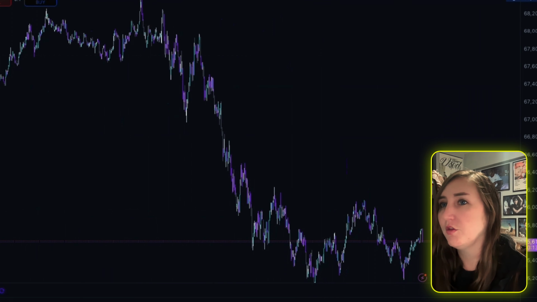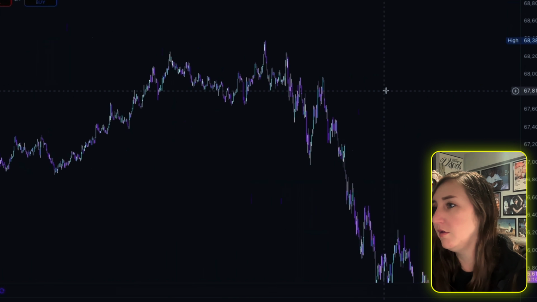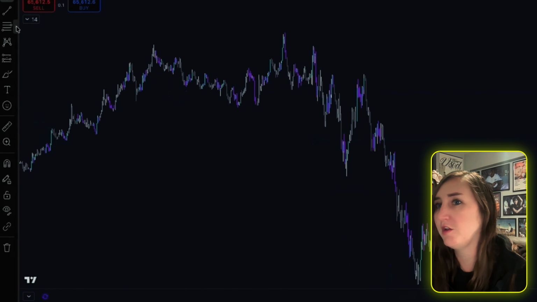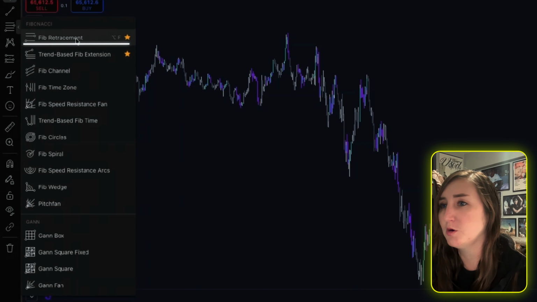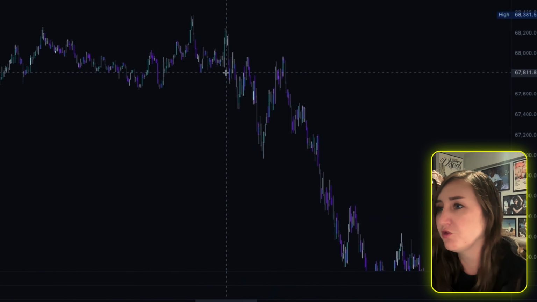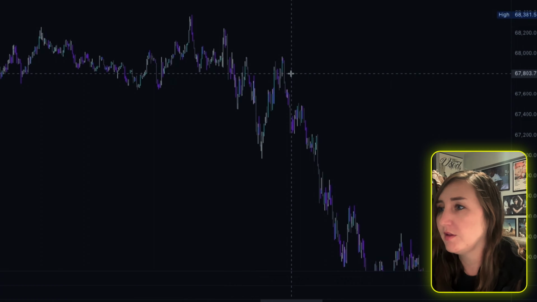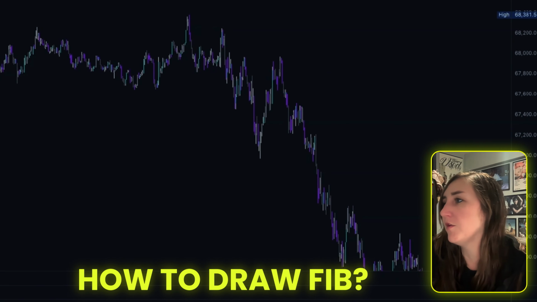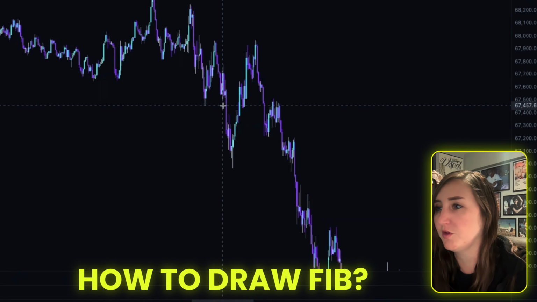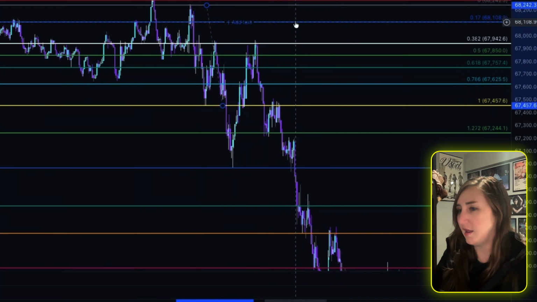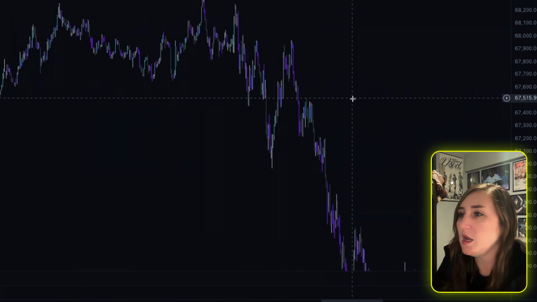All right, so the first tool is, right, Fibonacci retracement off to the left-hand side here, Fib retracement. And you can pull that up in TradingView. And let's say, right, how do you draw the fib? This is a question I get all the time. Sometimes I'll draw it from the middle. It depends where you're seeing it in the trend. But we're looking for points that stick out, right?